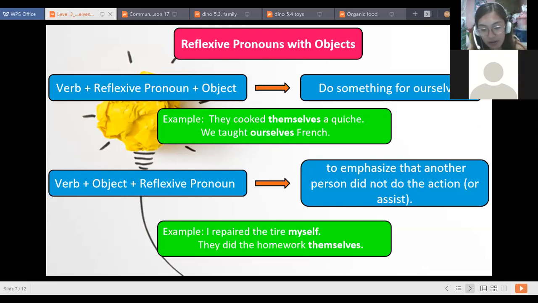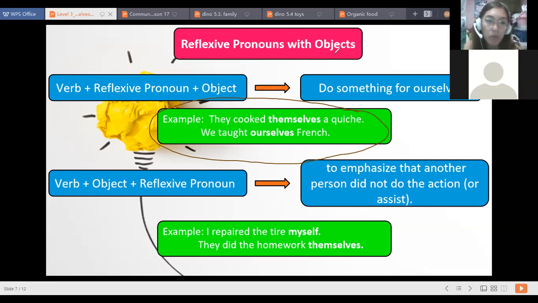No, I said give me the reflexive pronoun of that example. Themselves and ourselves. Yes, exactly. That's the correct answer.